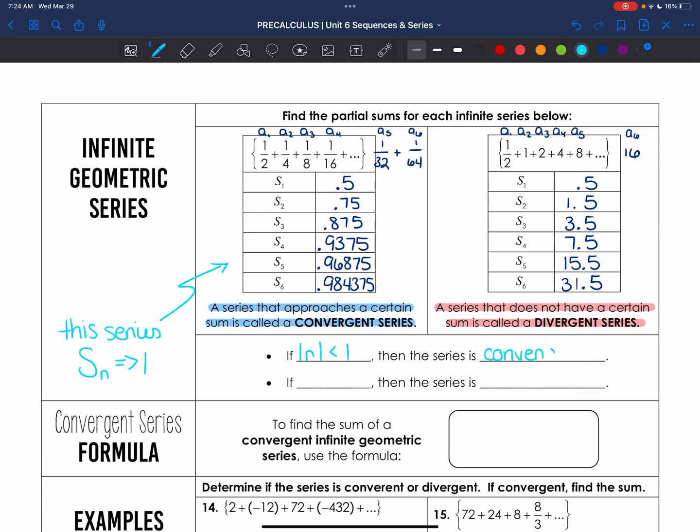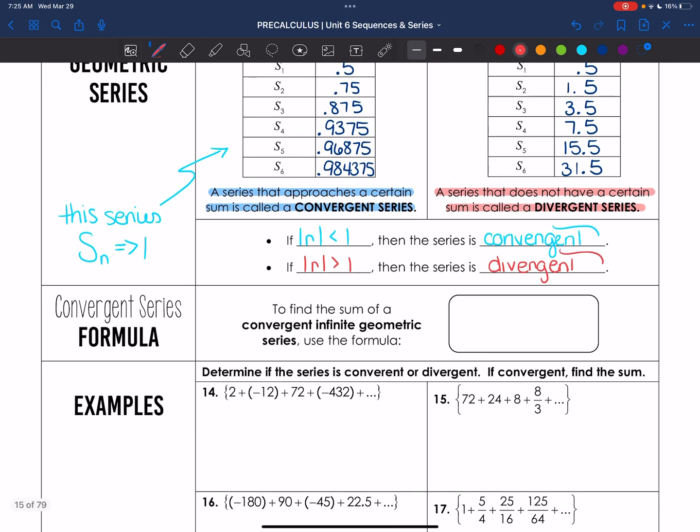It will be convergent. But if your series has an r value whose absolute value is greater than 1, then your series will be divergent. So that ratio really matters.